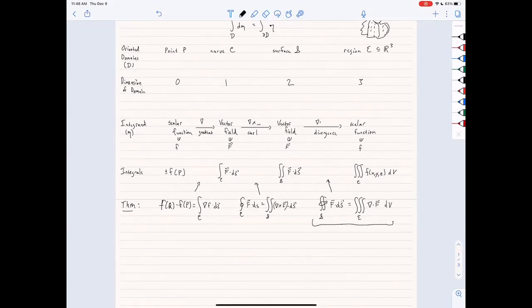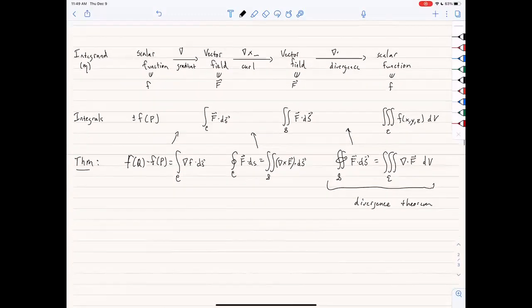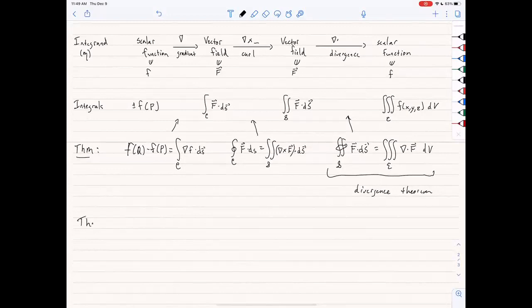And let's write it out more clearly. It's also known as Gauss's theorem. So let me write this out clearly, so we have everything we need. So first we want E to be a region in R3, and we want it to be oriented.